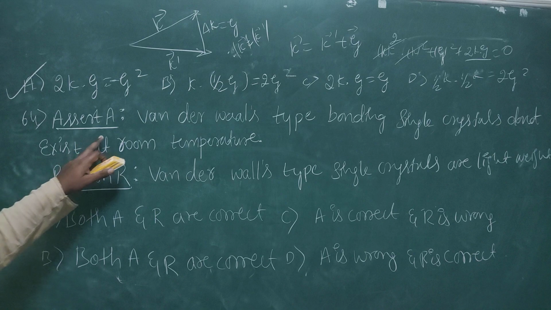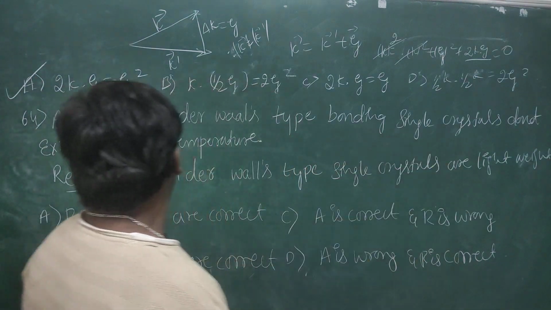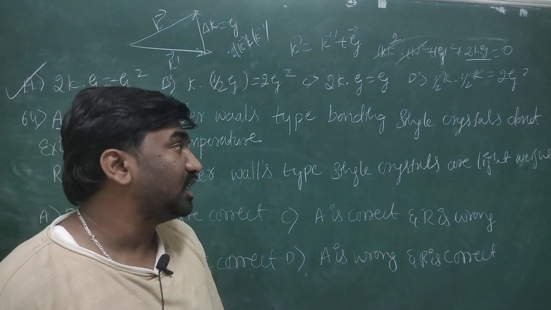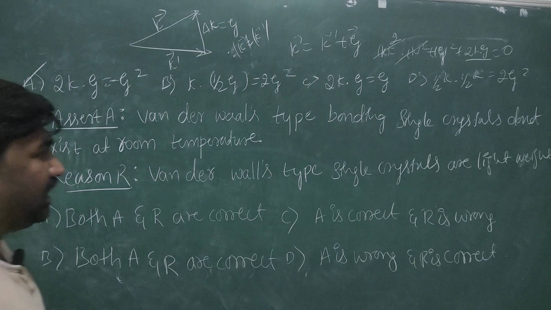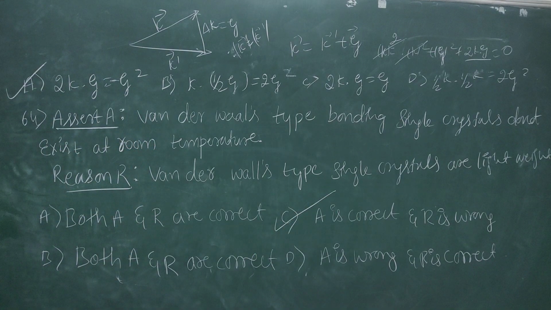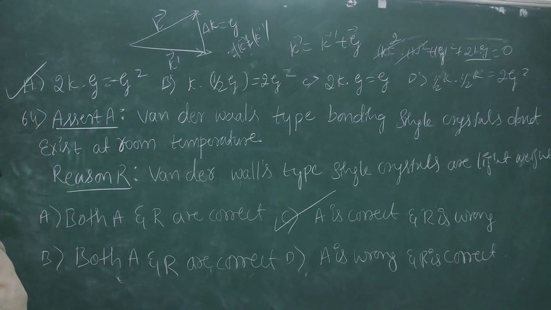And here the assertion A: van der Waals type bonding single crystals do not exist at room temperature. Correct. And reason R: van der Waals type single crystals are lightweight. No. So, option C, A is correct and R is wrong. So, option C is the correct answer, because van der Waals type bonding single crystals do not exist at room temperature.